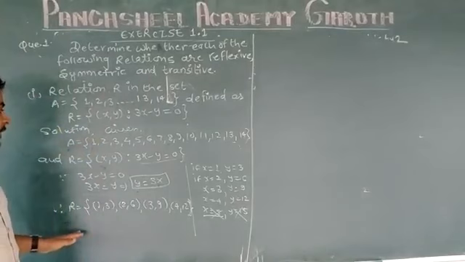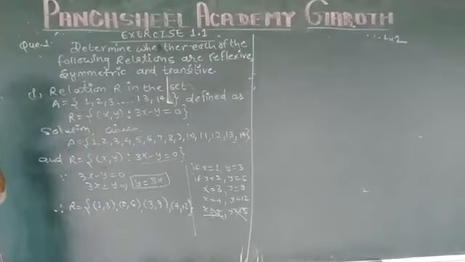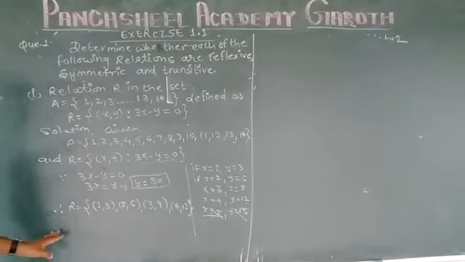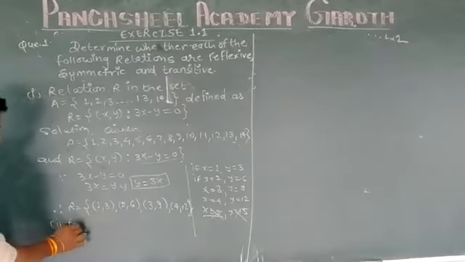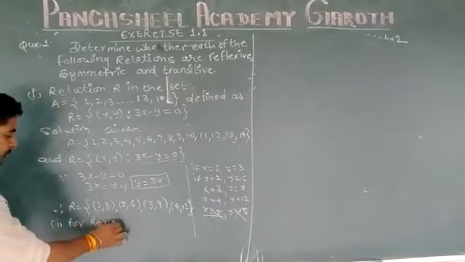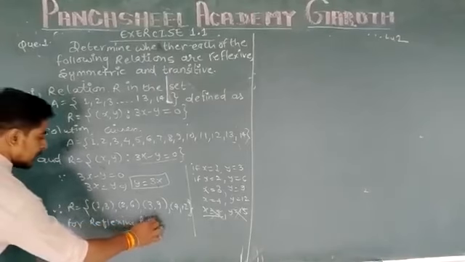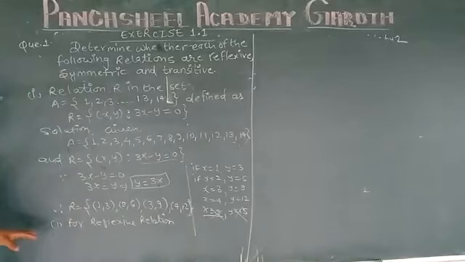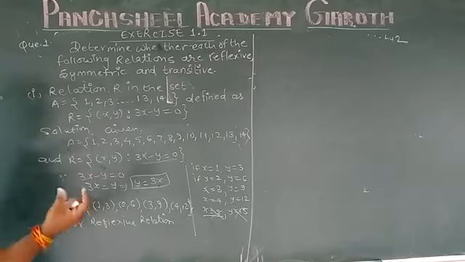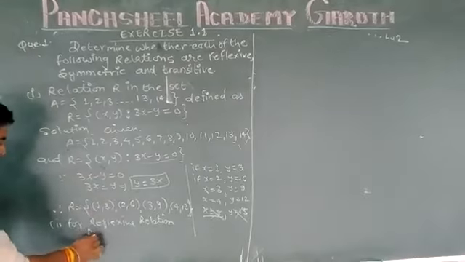But here those ordered pairs do not come in R, therefore R is not reflexive. I am not writing all the ordered pairs of the same elements; for all these elements I am using a variable a.